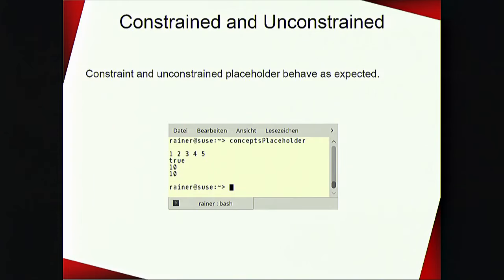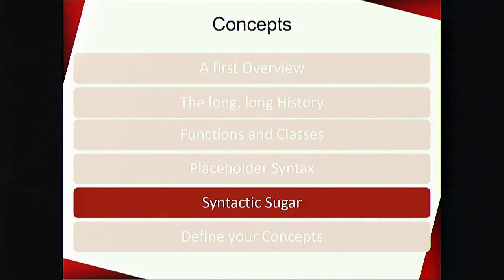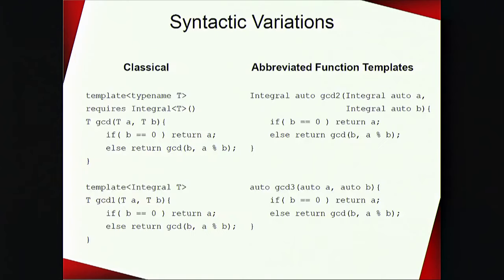It worked. Okay, now I come to the syntactic sugar, which is for me the part I like most. And I will start with this one. A few syntactic variations, all of them are fine. I define GCD in three or four different versions. Here I use this requires, here I put the integral here, and that is the point you should look at.